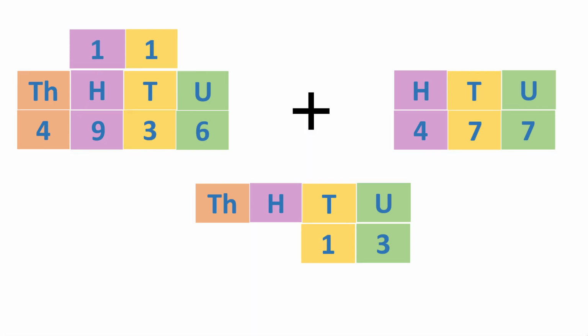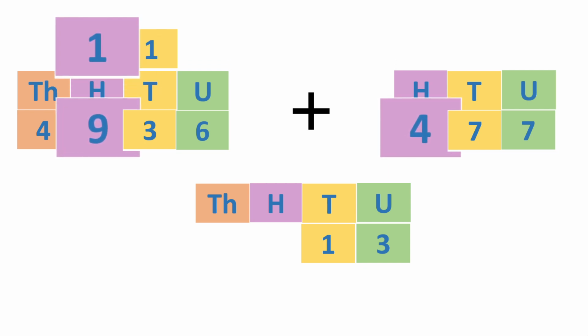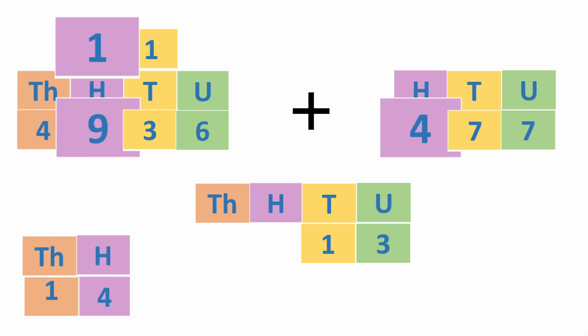Now we shall add hundreds here. We have 100 as a guest. Don't forget 100, 900 and 400. What is the sum? 1 and 9 is 10. 10 and 4 is 1400. 1400 has 400 and 1000 when we split it up.